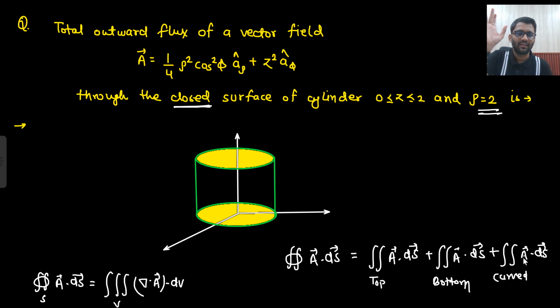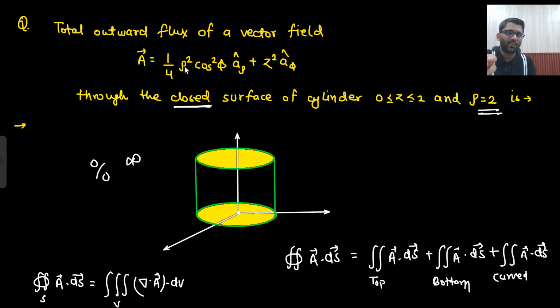You will get the same answer because that was also a closed surface, so there also you can apply this theorem. But building the concept was important, that top, bottom and curved separately also you need to solve. And here there was no discontinuity. I did not check the discontinuity, but there will be none. 0 by 0 form will not come, infinity form will not come, right?